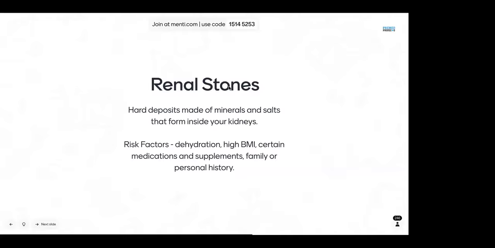So if you have a very high BMI, for example obesity, then that is a risk factor for developing renal stones. Also, certain types of medication and supplements can increase the risk. And also having a family history or any personal history will predispose you to developing stones.